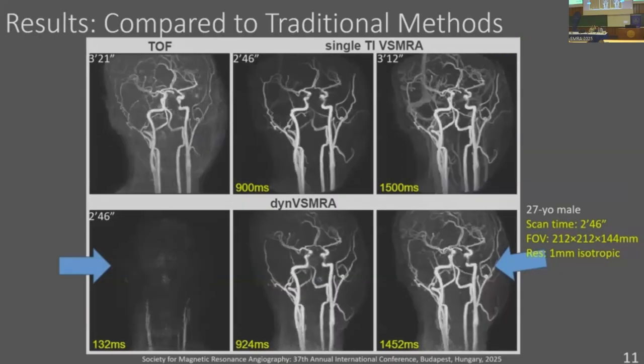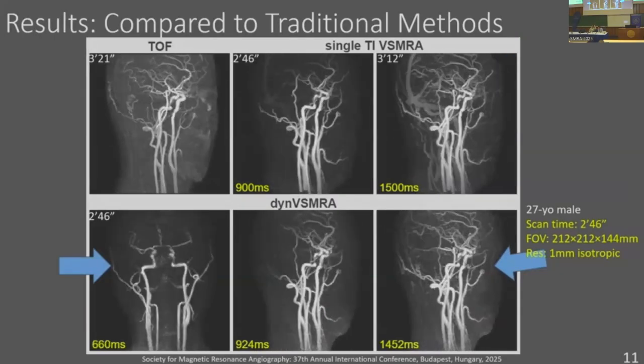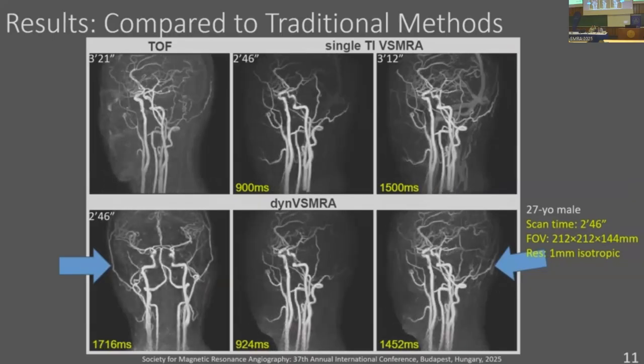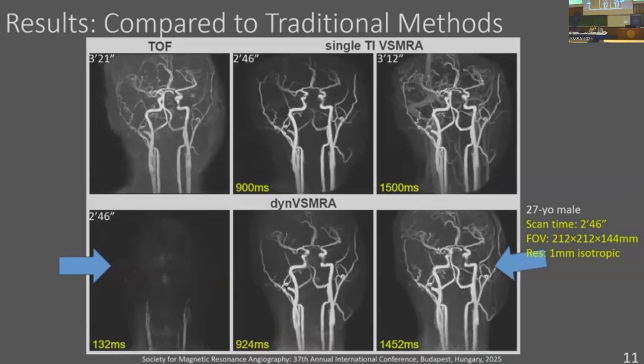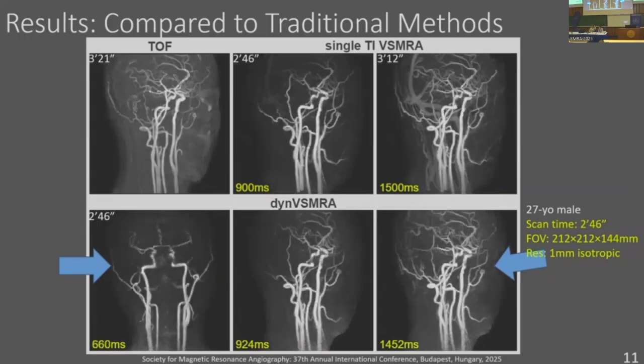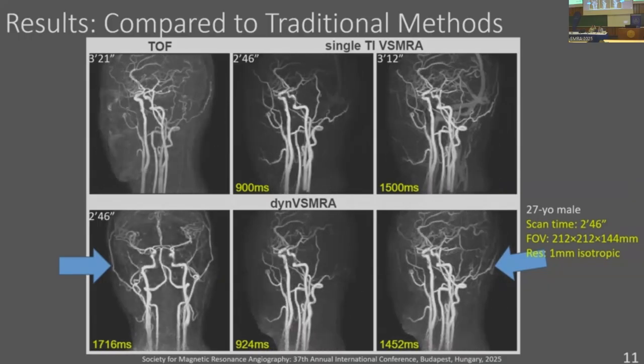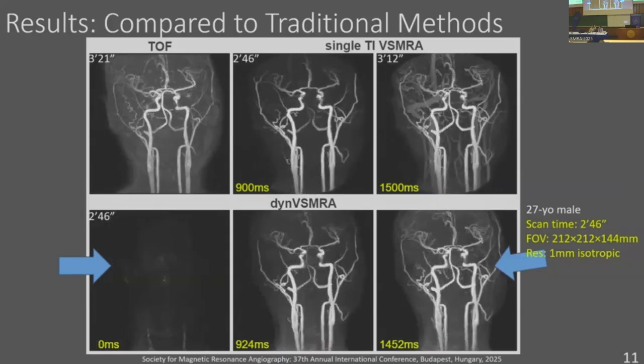The venous signal could be removed for dynamic VSMRA with multiple artery and vein contrasts. The mask of veins was calculated with both a short TI image with nulled venous signal and a long TI image with recovered venous signal.